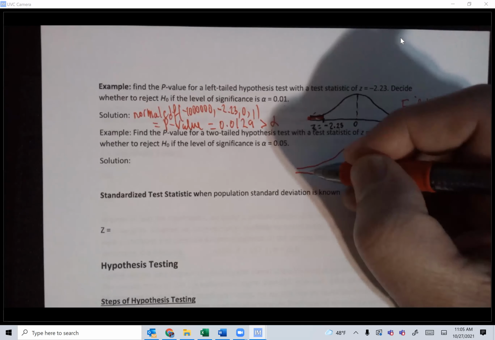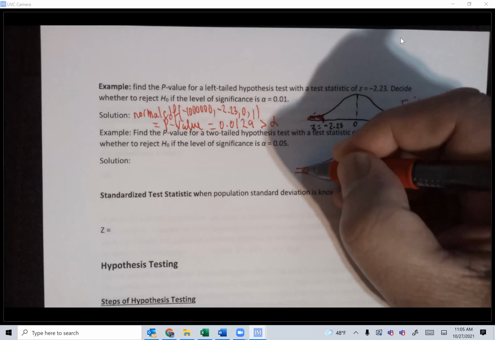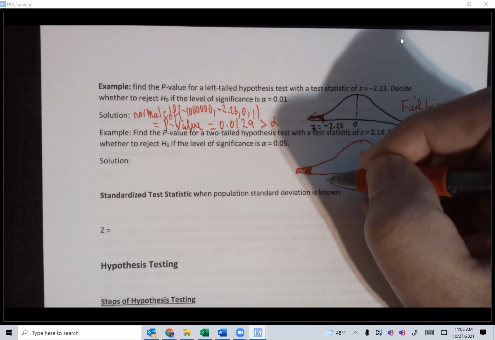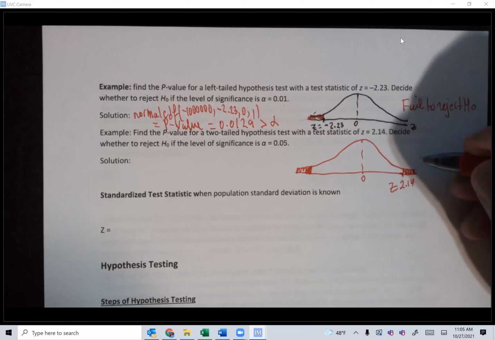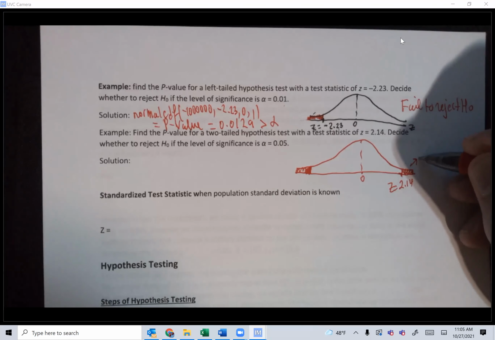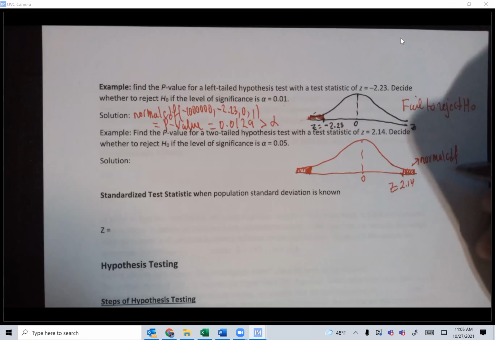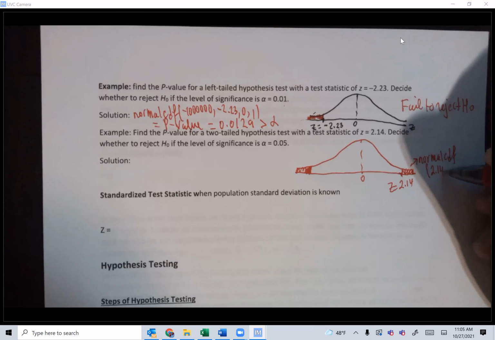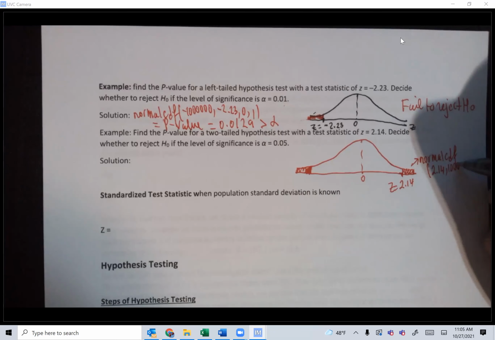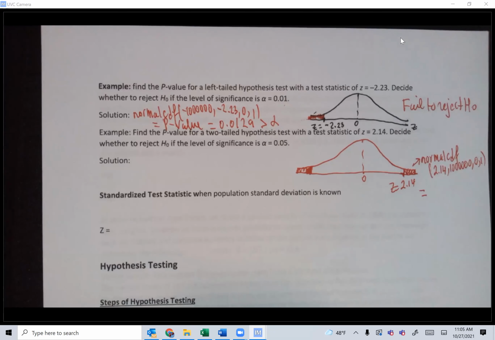And then you have to shade an area on the left as well, which is with negative 2.14, because it's a two-tailed test. So I'm going to find this area here, which is normal CDF, 2.14 as a lower bound, 1 million as an upper bound, and then 0 and 1. Okay, let's see, what would that be?